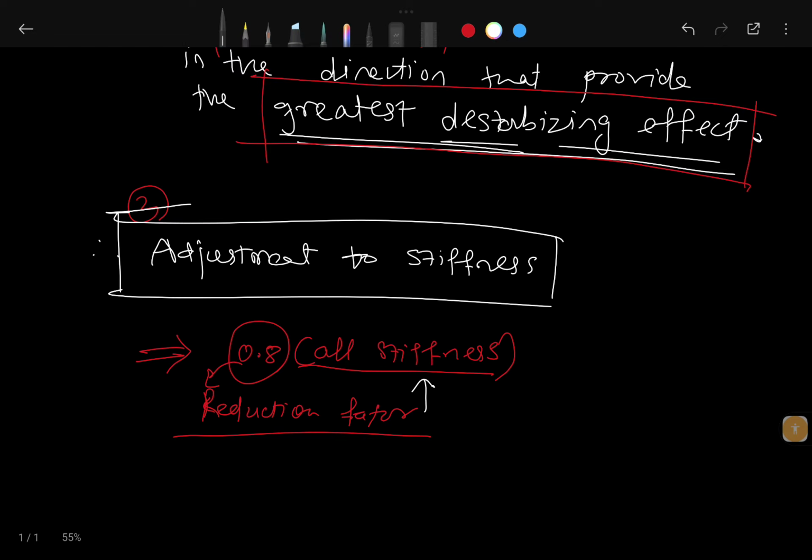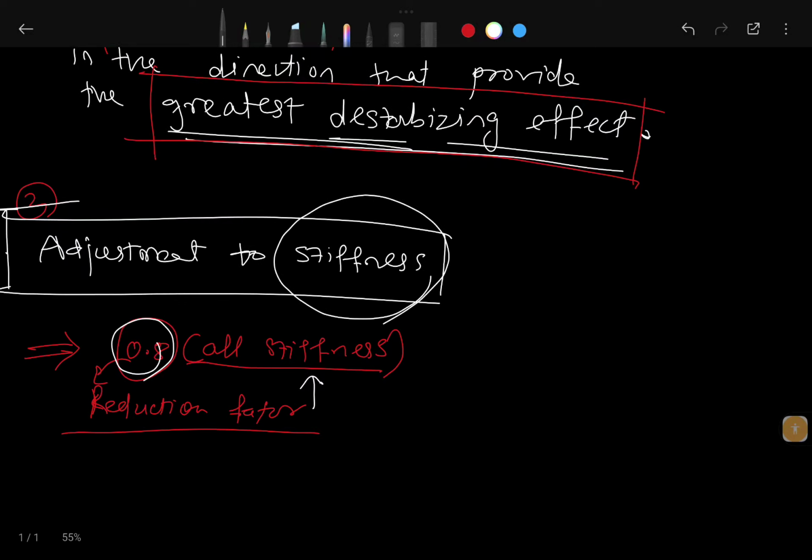This can be avoided by applying the reduction to all members, including those that do not contribute to the stability of the structure. If all members provide stiffness, then we apply the reduction factor to all the members. But if we apply this reduction factor to some members and not to others, then it causes artificial distortion in the structure.